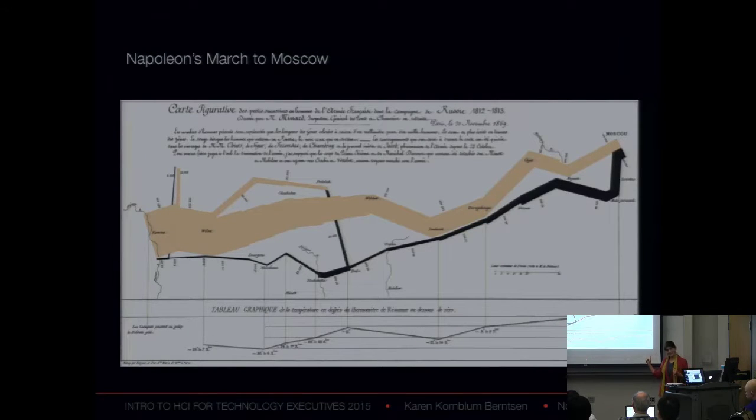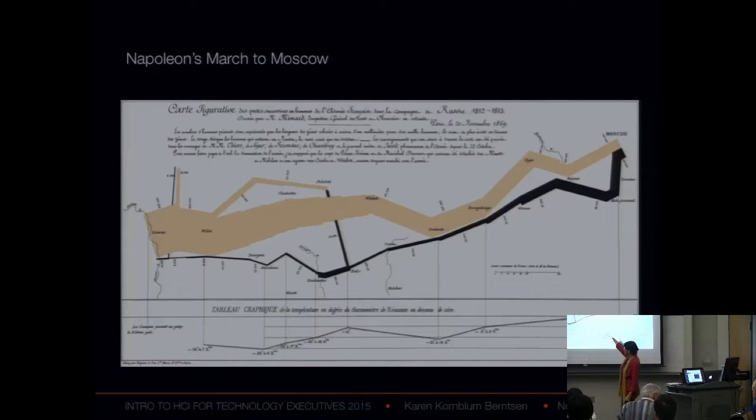Has anyone seen this image before? A few of you. Good, good. So somebody tell me what this is an image of. Who's seen it before? Perfect. It's the size of Napoleon's army leaving the Seine River on the left.